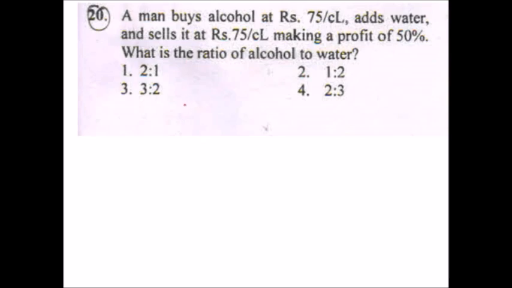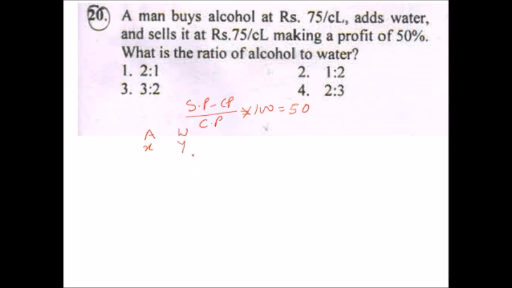Now, we know that profit percent is equal to SP minus CP by CP, the selling price minus cost price over cost price, into 100, equals 50. What is the selling price? Selling price is 75 per cl, having water plus alcohol both. Suppose alcohol has X amount and water has Y amount.